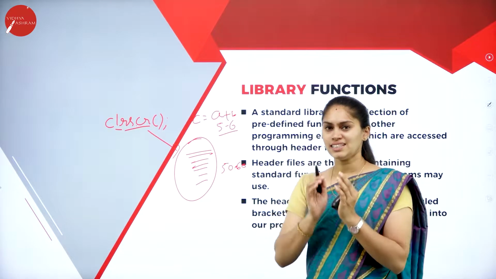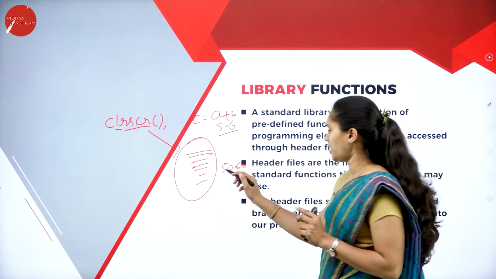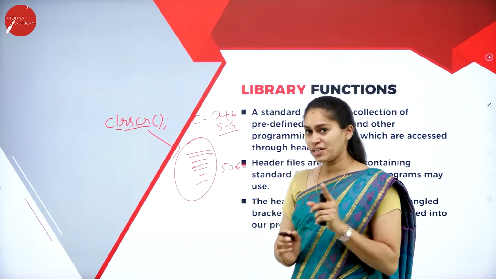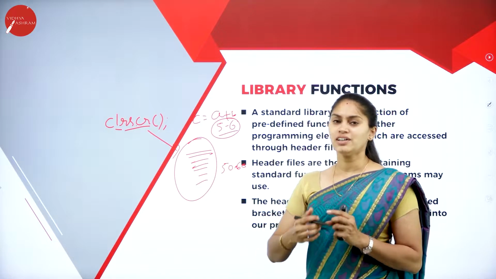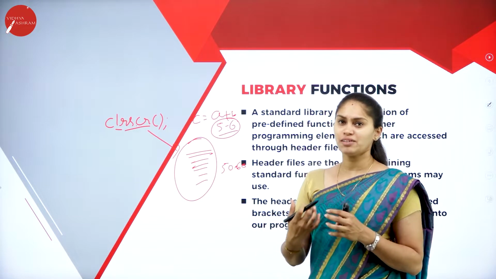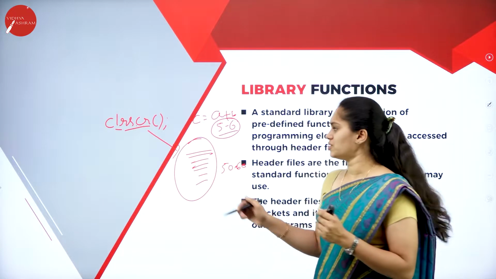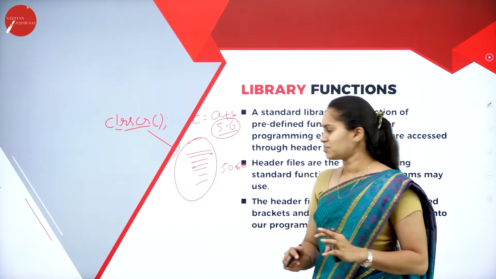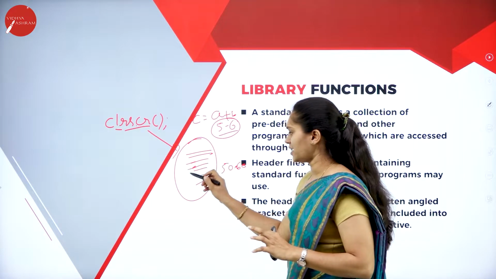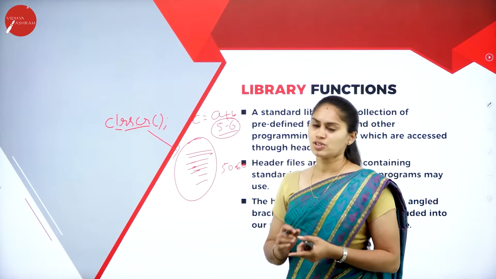Does it look nice to have 50 to 60 lines of code in order to run only 5 to 6 lines? No. It is a waste of time, and we would have to do it from scratch. Instead, I just use the CLR SCR function that is already developed and tested, so there are no errors or bugs in it.